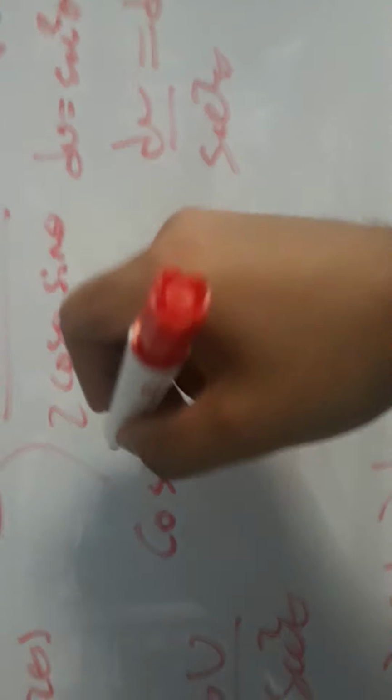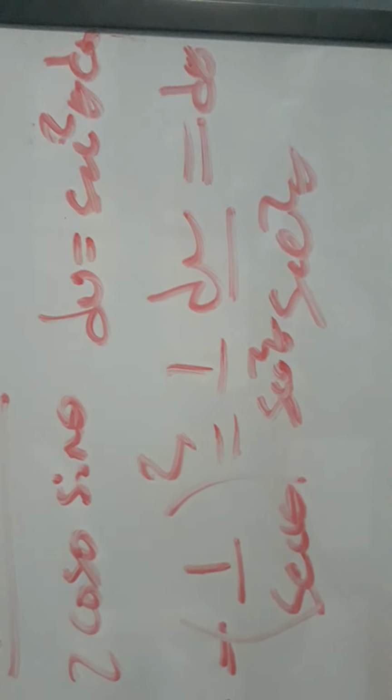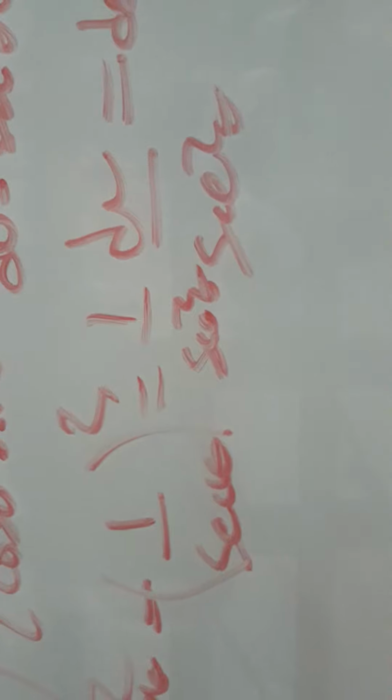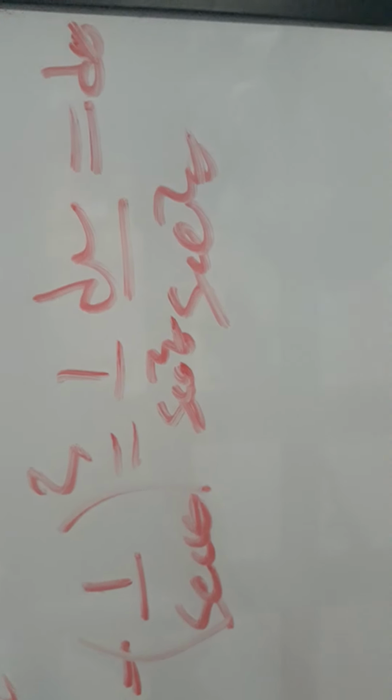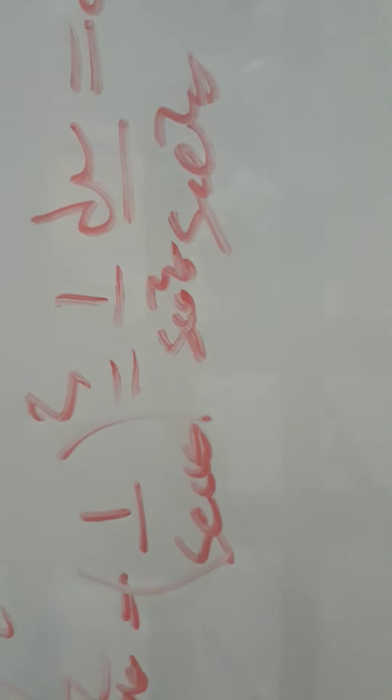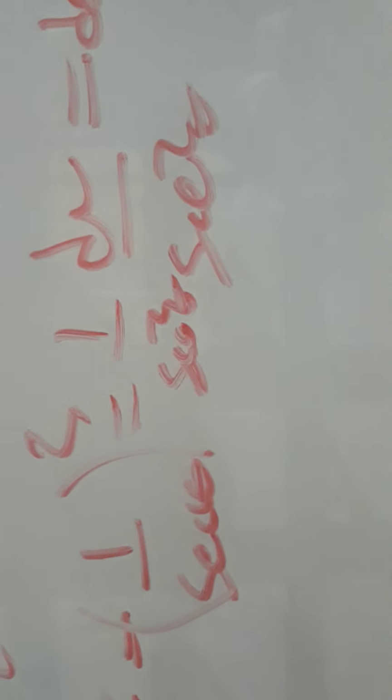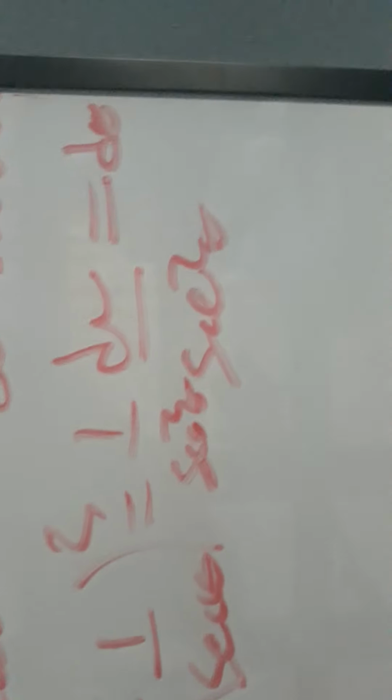If you squared this, it's the same as this, because this and that equate. 1 over secant squared theta is equal to 1 over secant squared theta. Because 1 is equal to itself squared, not that crazy. It doesn't always work though.